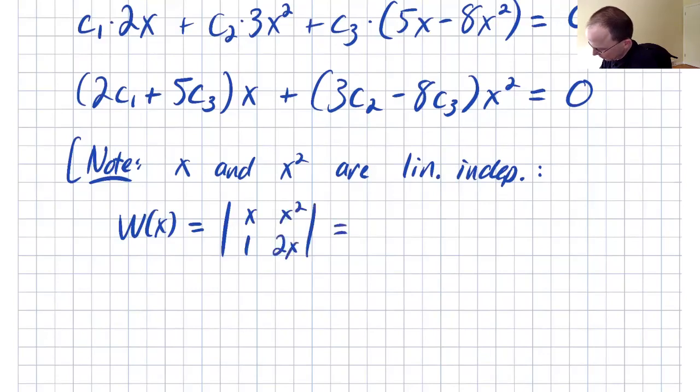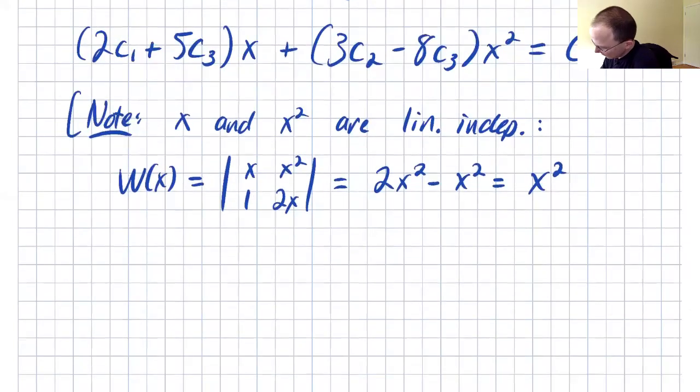And then we know how to do this determinant. You do x times this minus this times that. So we get 2x squared minus x squared, and that is equal to x squared.